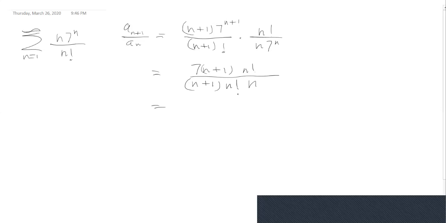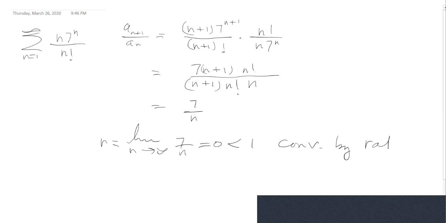So that's going to give us now just 7 over n. So that reduced nicely. And now when you take that limit, r will be equal to that limit. We do get 0, which is less than 1, so we have convergence by the ratio test.